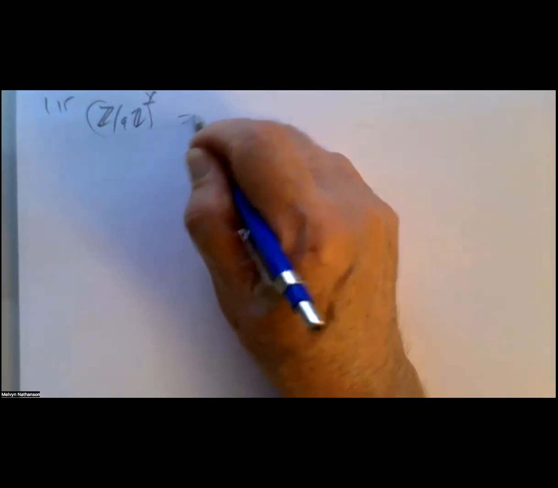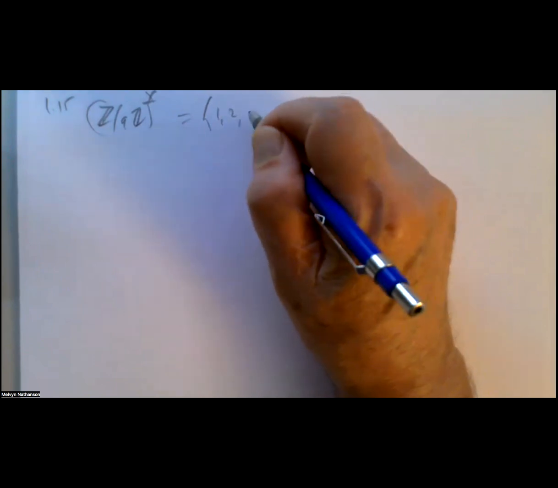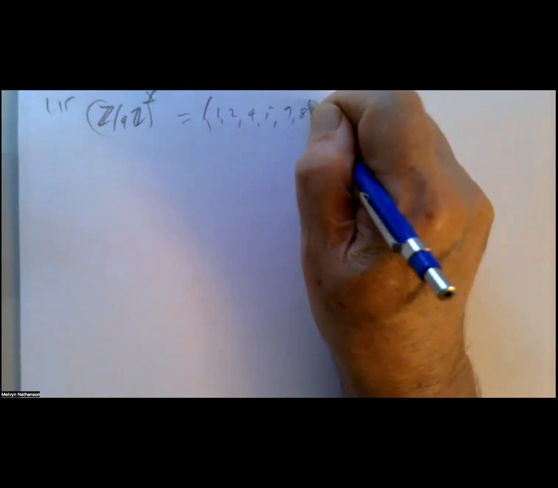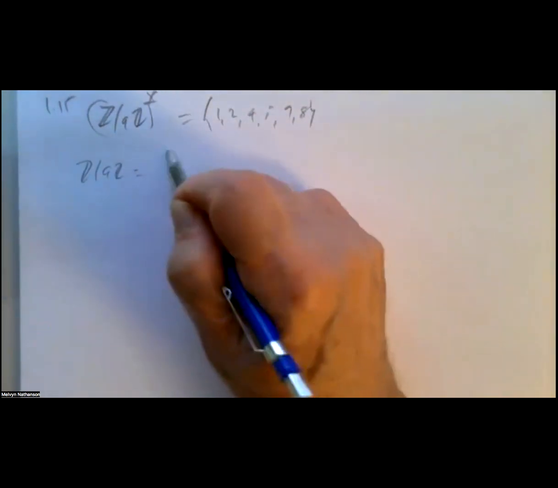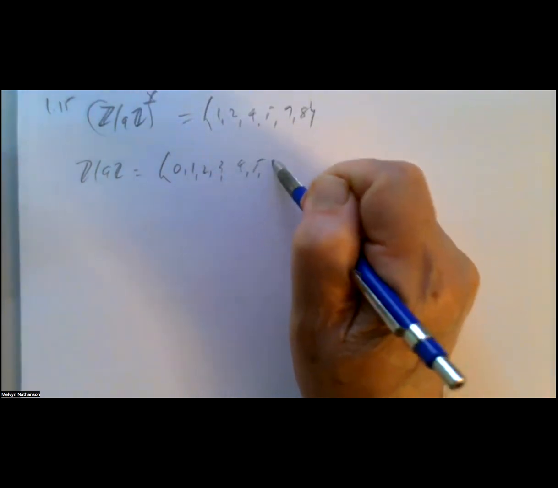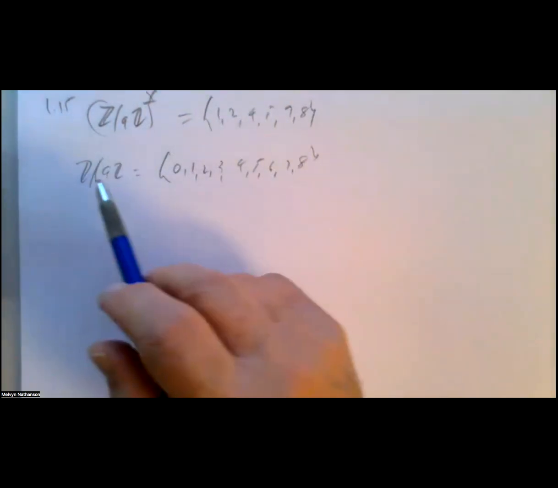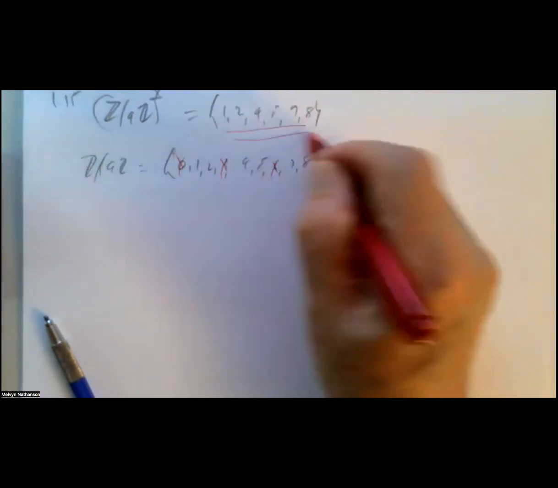The group of units mod 9 are 1, 2, 4, 5, 7, 8. Z mod 9Z is 0, 1, 2, 3, 4, 5, 6, 7, 8. You cross out the ones that are not relatively prime to 9. That means you cross out 0, 3, and 6. And these numbers that remain are the units.